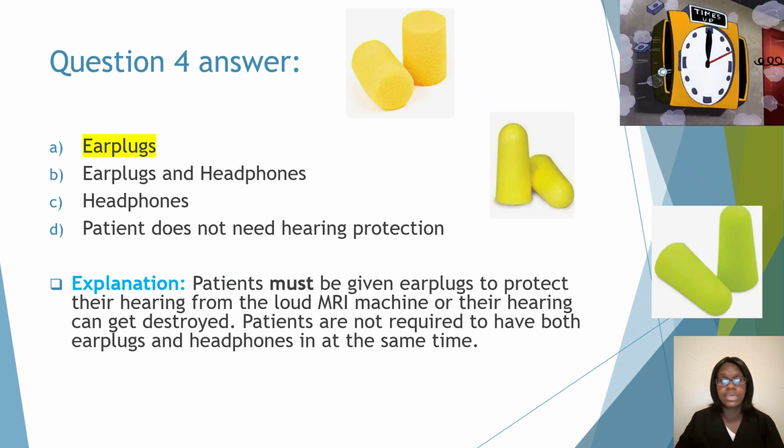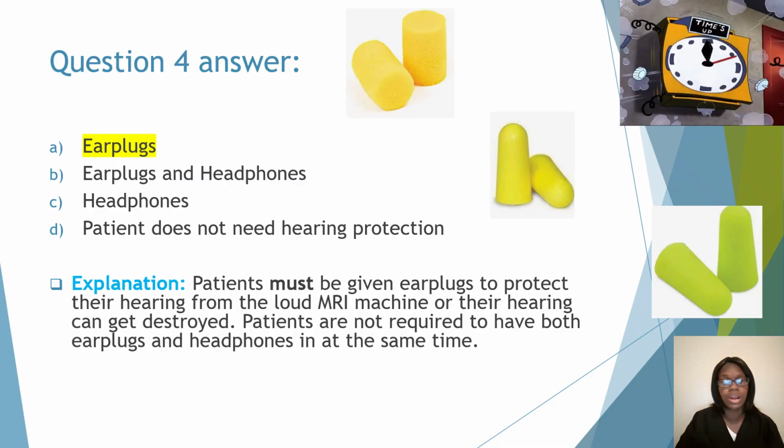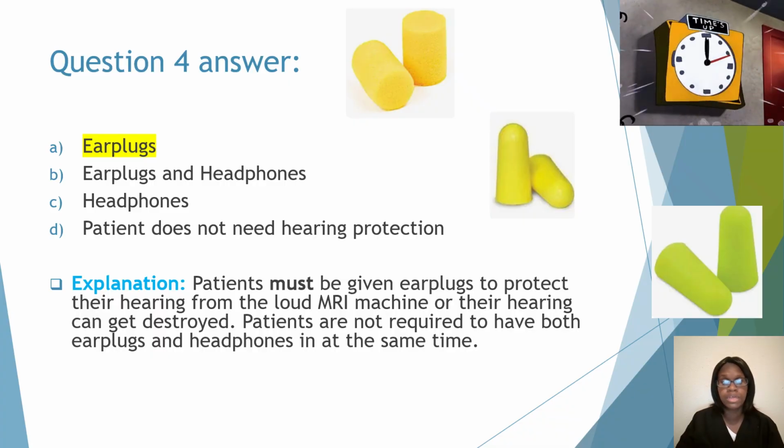Another thing is you have to give them hearing protection. This is by law. I've had patients come in with their own earplugs and say this fit the best. You cannot use their earplugs. Their earplugs have not been created and tested as far as what the FDA recommends and requires. So use the ones that you have at your facility.